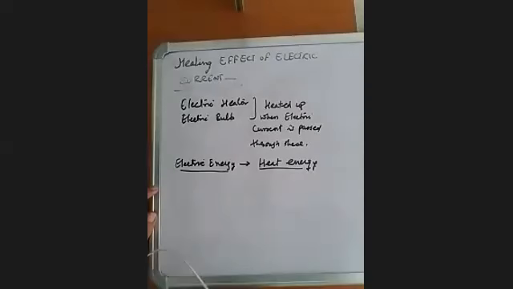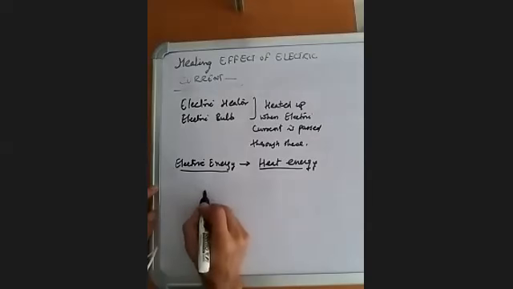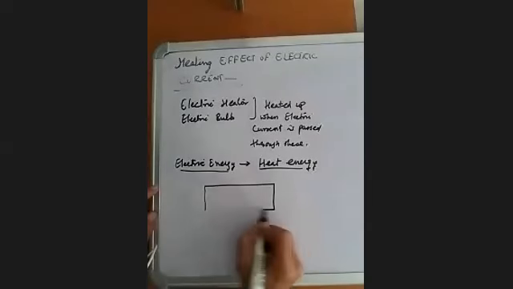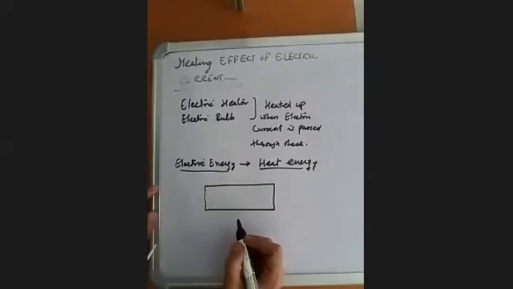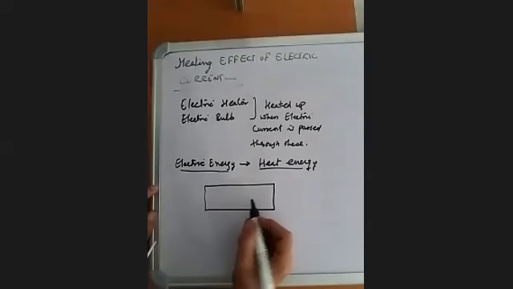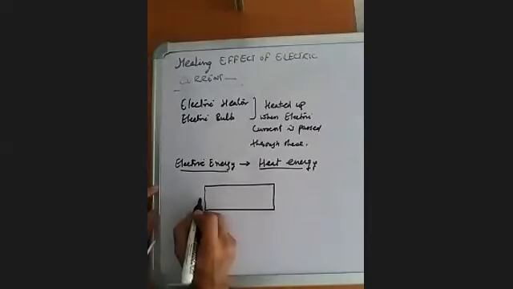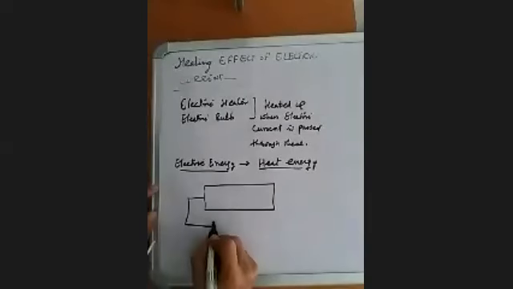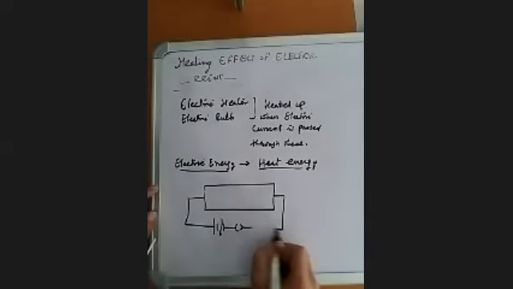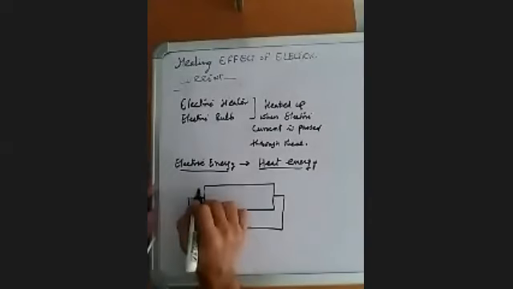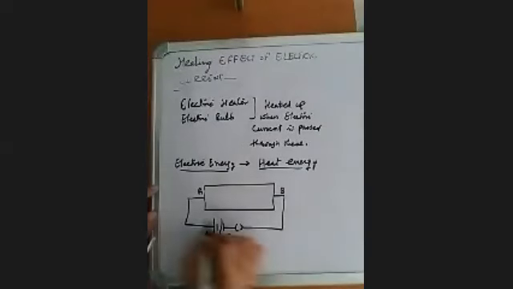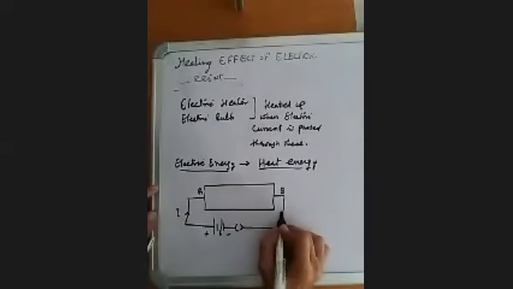Suppose this is a large image of a conductor. In a conductor we have free electrons which are moving about randomly. Now when electric current is made to flow with the help of a potential difference applied across the two ends, this is the A end and this is the B end, so current I flows like this.